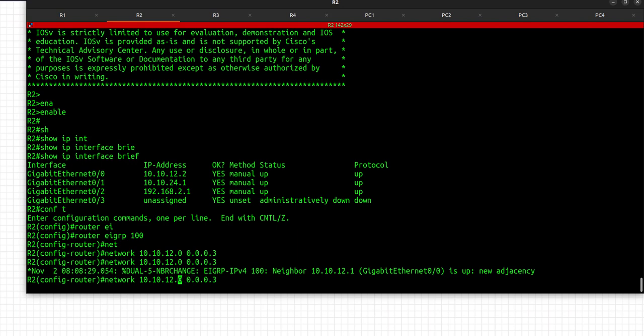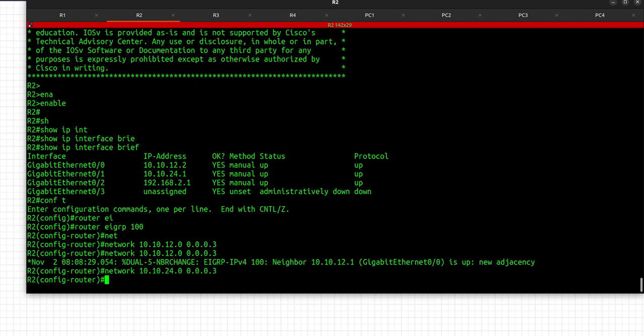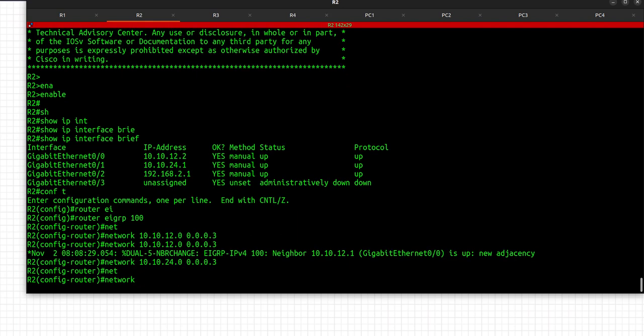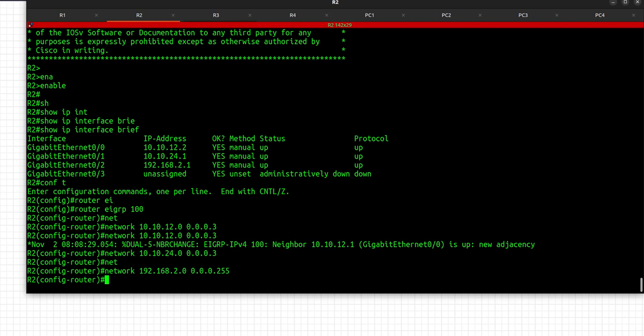Then the second subnet is 10.10.24.0 with 3 at the end also, and the third one is the local subnet, 2.0 and /24, with the wildcard mask 255 at the end. Okay, done for router 2.